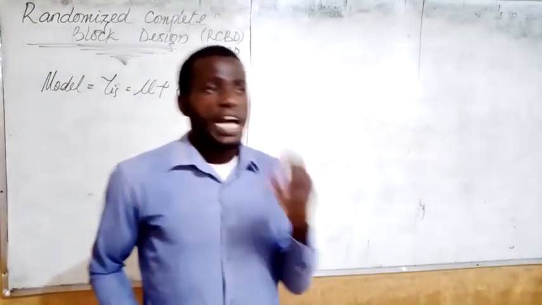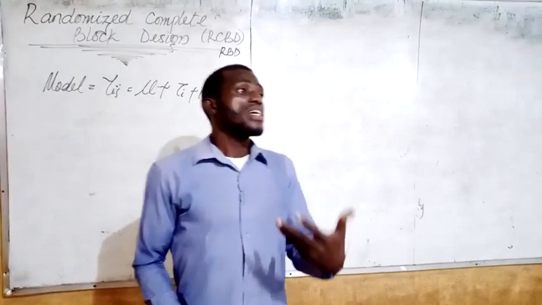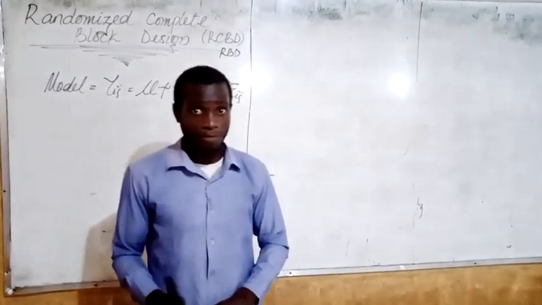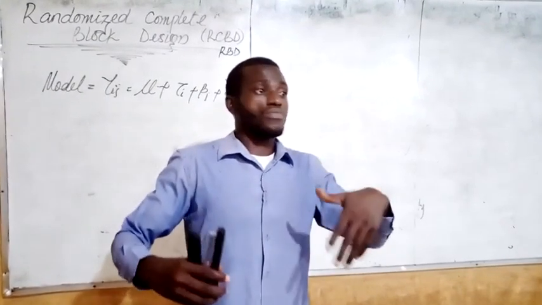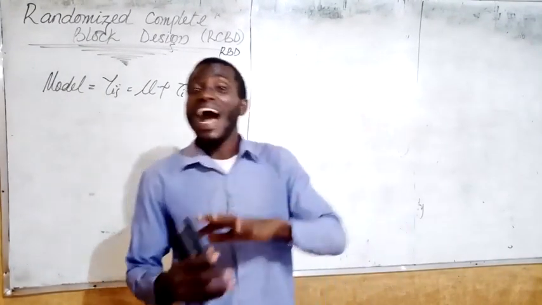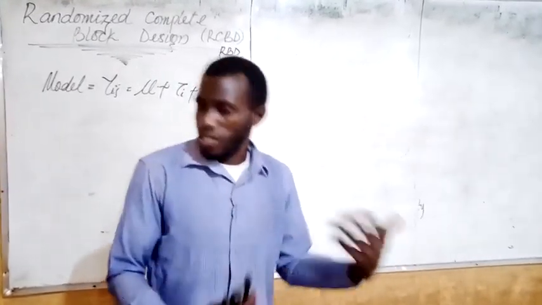So, if I will be conducting that kind of experiment, I have to put people of different societal classes apart. People that earn low income and people that earn high income should not be placed together. Why? Because their perspectives of life will be different.